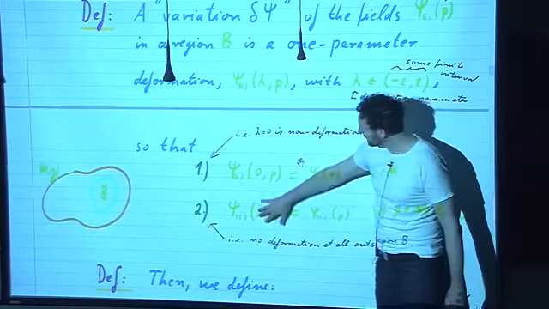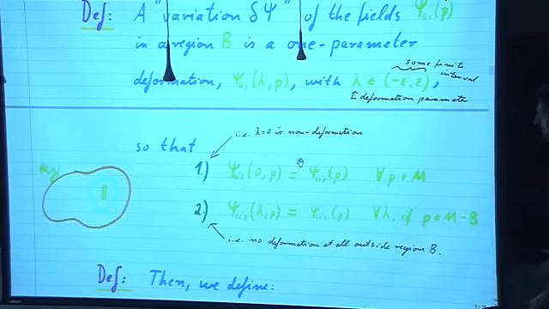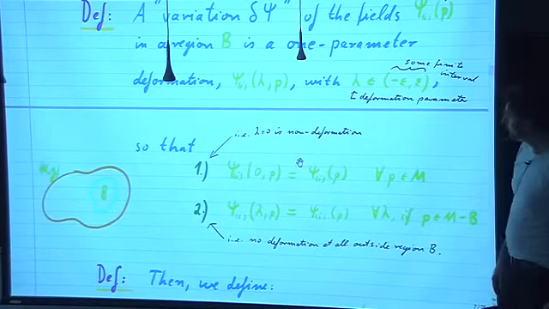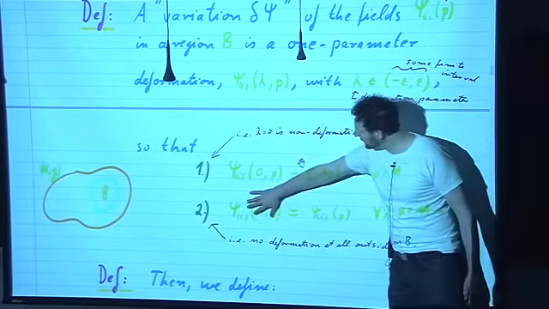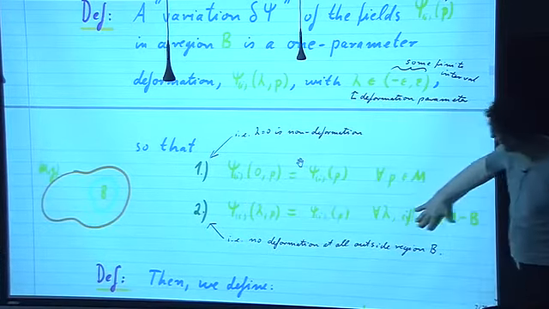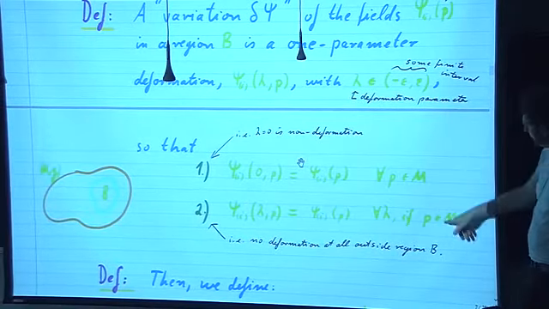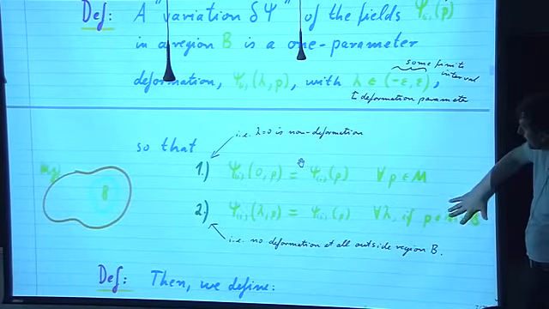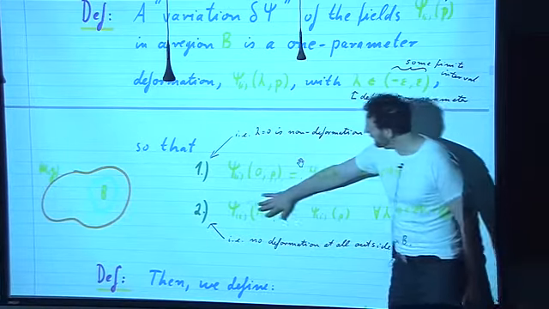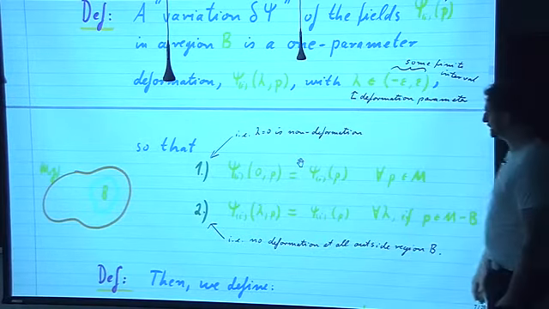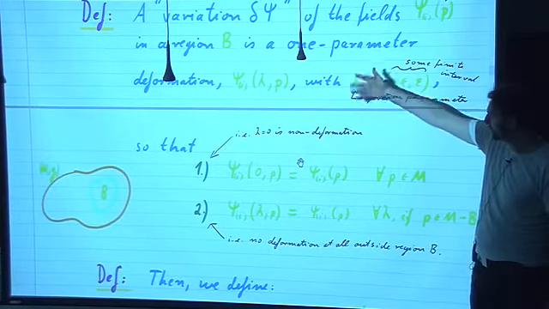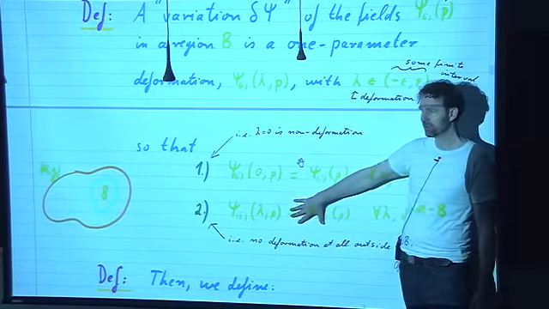But when lambda is not equal to 0, then smoothly the matter field may be different. We do, however, require that there is no change in the matter field outside that finite region B, the manifold without B. So outside of B, we don't want any modification to the matter field. On the boundary of the region B and beyond, we want the variation to vanish.